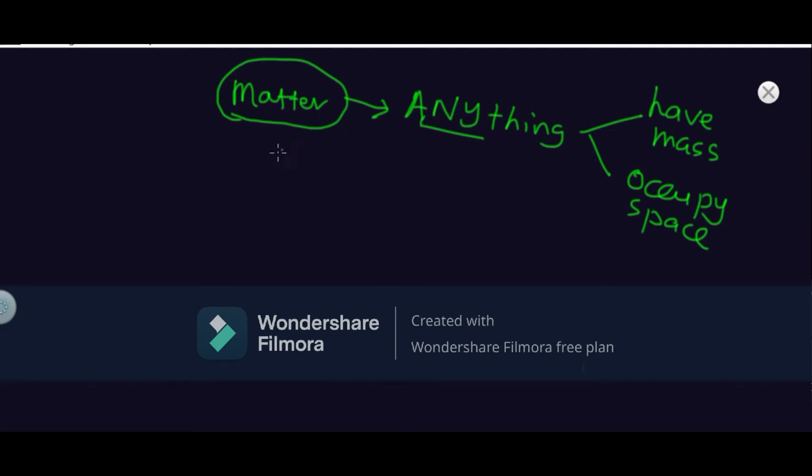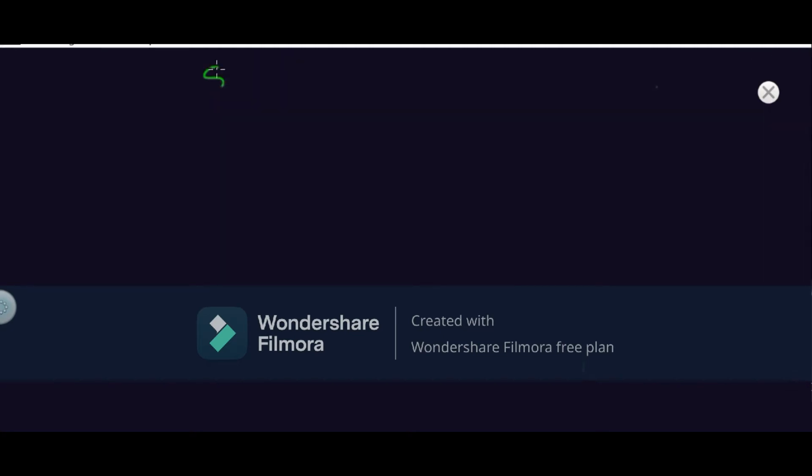Alright, after we know that matter is anything that has mass and occupies space, then we go to the states of matter. We have solid, liquid, and gas.